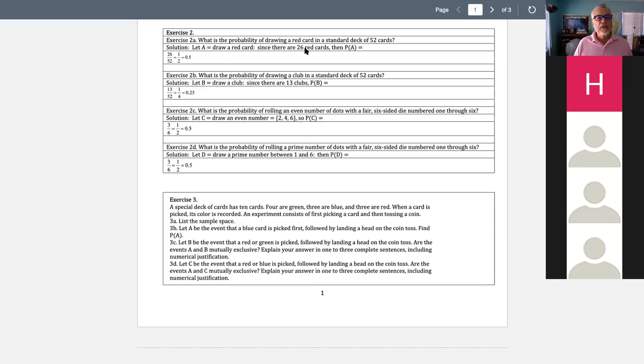What is the probability of drawing a red card in a standard deck of 52 cards? Now, a standard deck, as you know, has 4 suits: hearts, diamonds, clubs, and spades. And each of those 4 suits has 13 cards.